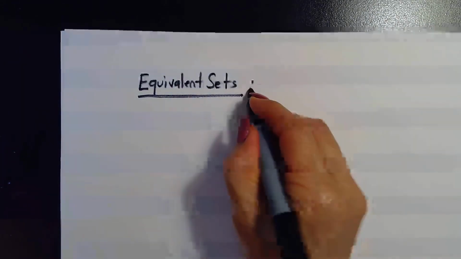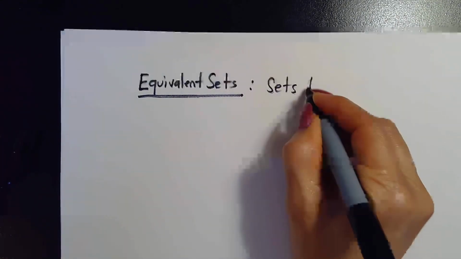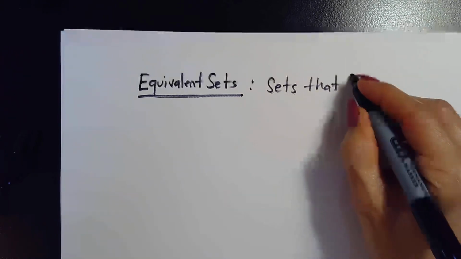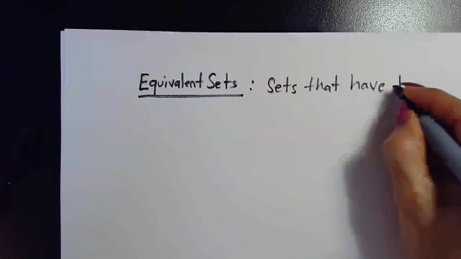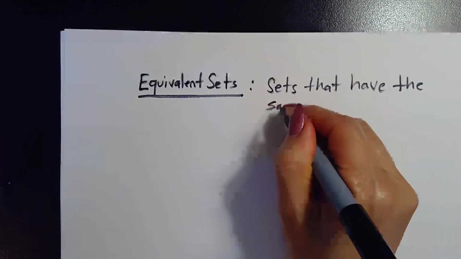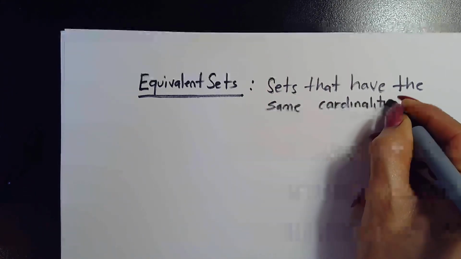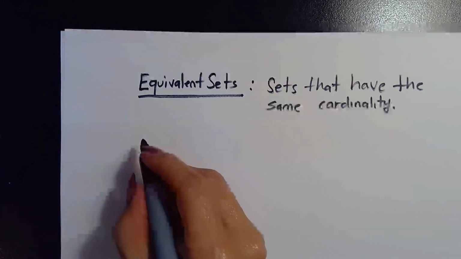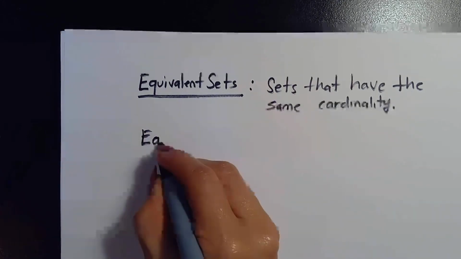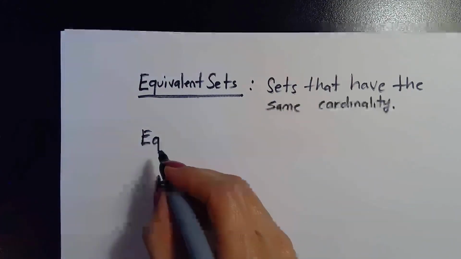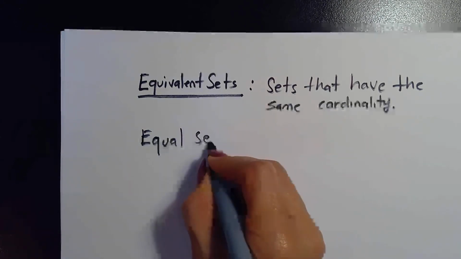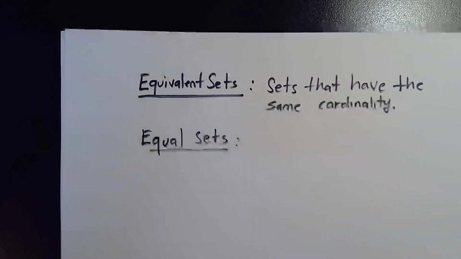So equivalent sets are sets that have the same cardinality, and equal sets are sets that have the same cardinality and the same elements. So identical elements.